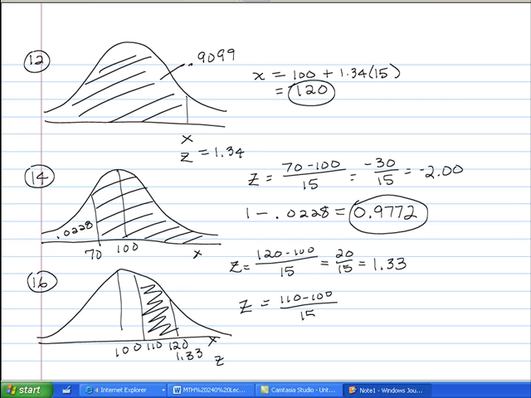Okay. So we need to look up these two figures in our positive table. Okay, so we have 1.33, 0.9082, 0.67, 0.7486.